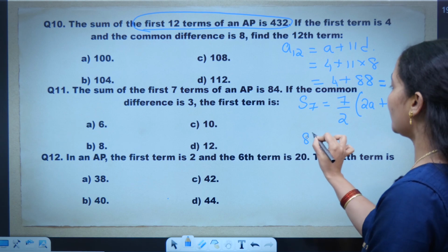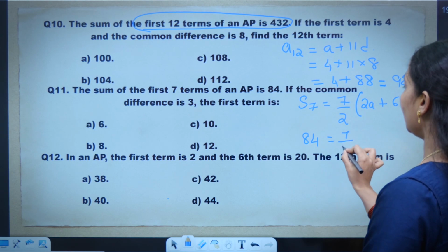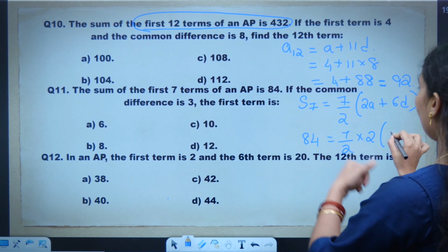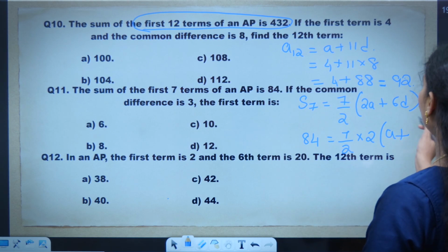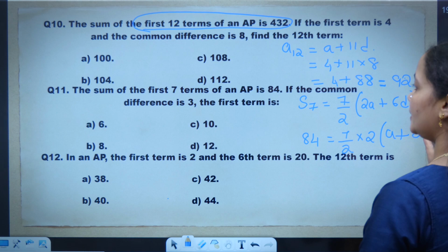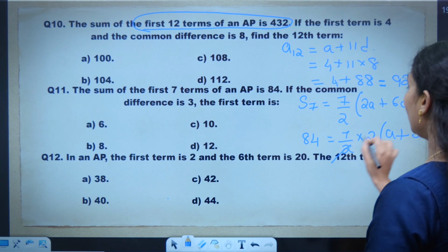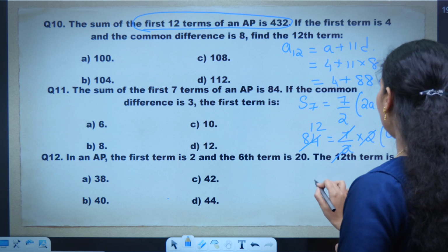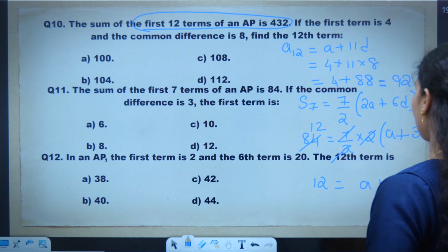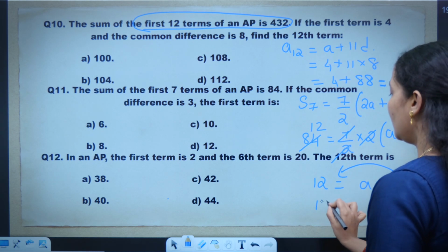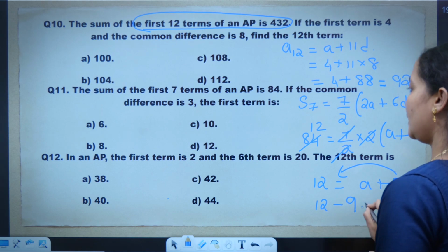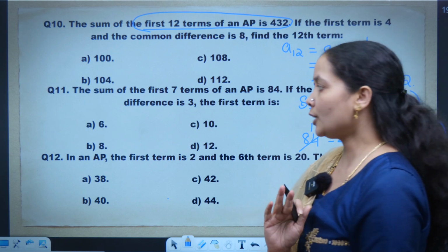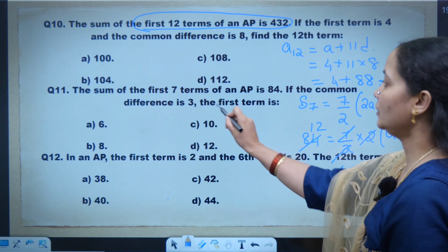This is 84 given to me, equal to 7 by 2 into, I'll take 2 common here, 2 into A I have to find out, and 3D, D is again 3. So 2 and 2 are getting cancelled here. Therefore 7 1s are 7, 12 2s are 12 equal to A plus 9. Shifting 9 to the other end, 12 minus 9 is 3, which is A. So we are getting the answer as A equal to 3, which was asked in the question.